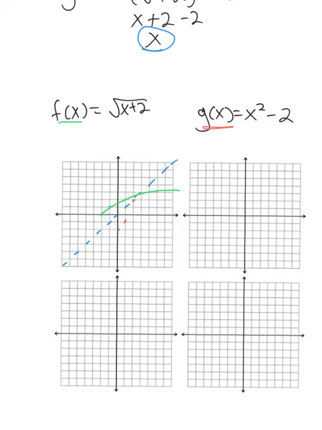So it goes up 1, and then the next one should be 2, the next one should be 3, and so on. As you can see, the two equations are symmetric over that line, and that is basically all of 1.9a.